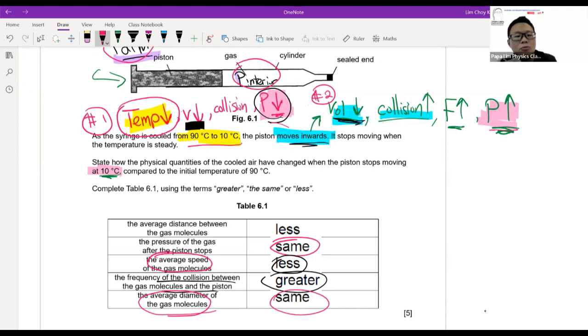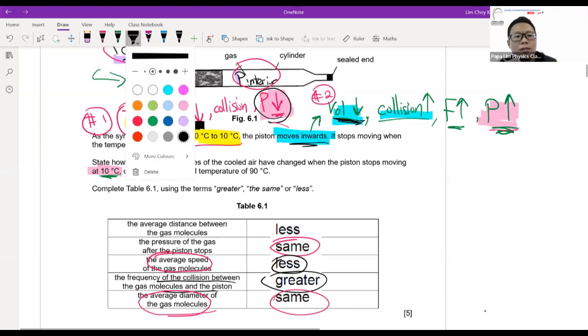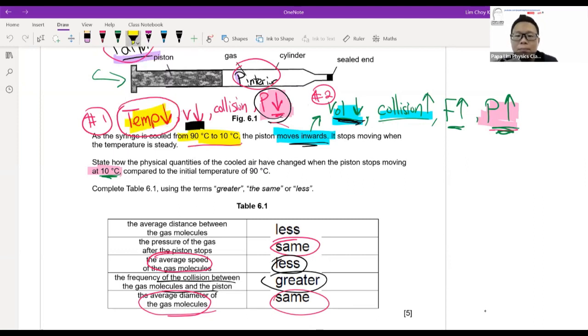Now, the average distance between the molecules is affected because the temperature has reduced and the speed has reduced. The speed of the molecule has reduced, and as a result, you'll find that at that confined, restricted space, the average space between the gas molecules reduces by a bit.